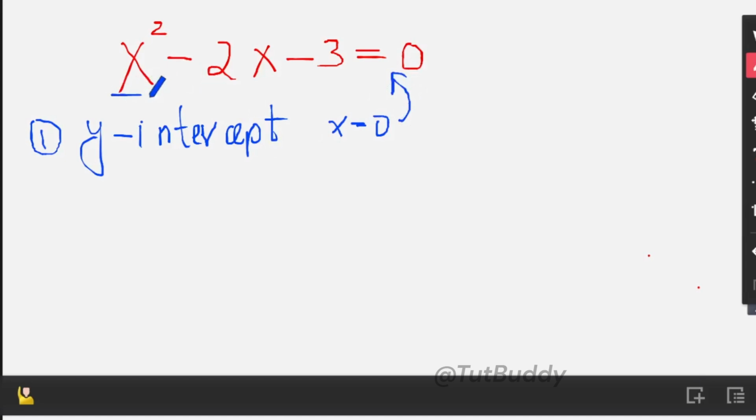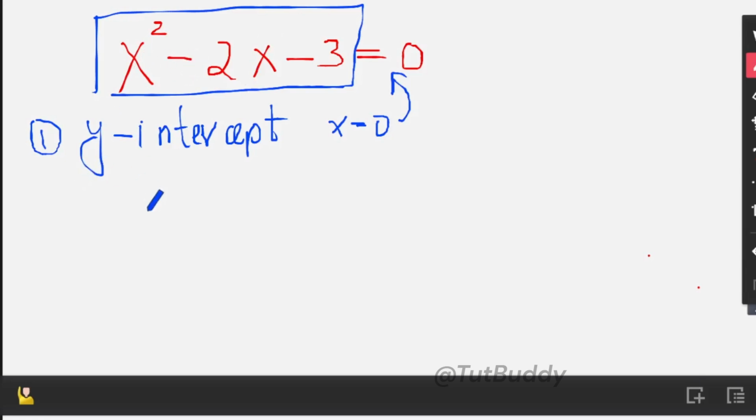If I put x as 0, what will I get? It will be 0 squared minus 2 times 0 minus 3. So my answer will be minus 3, right? So the y-intercept is minus 3.